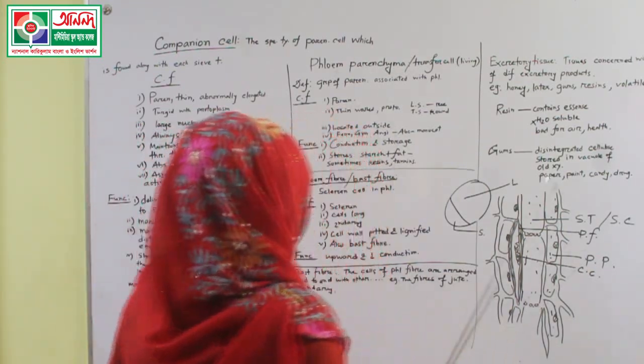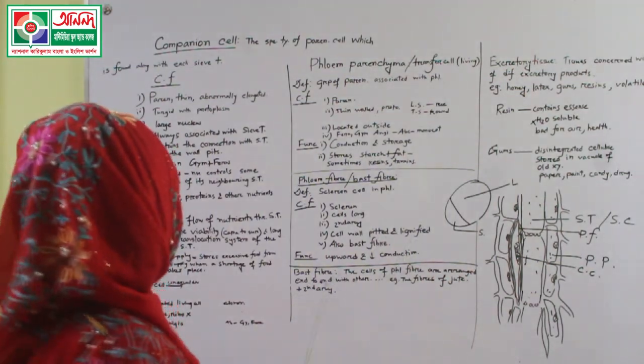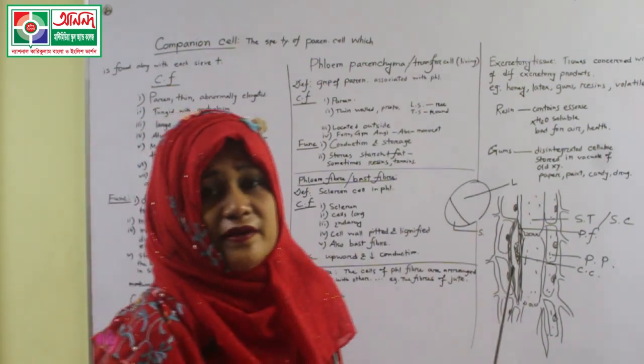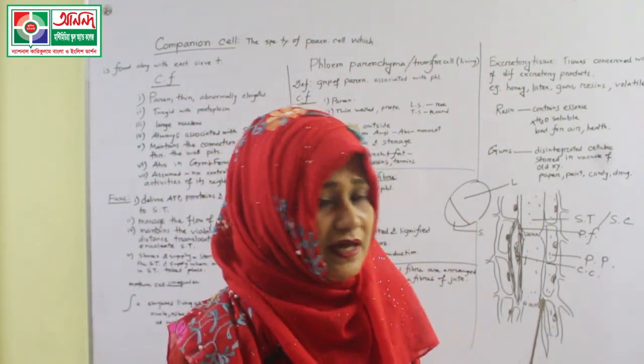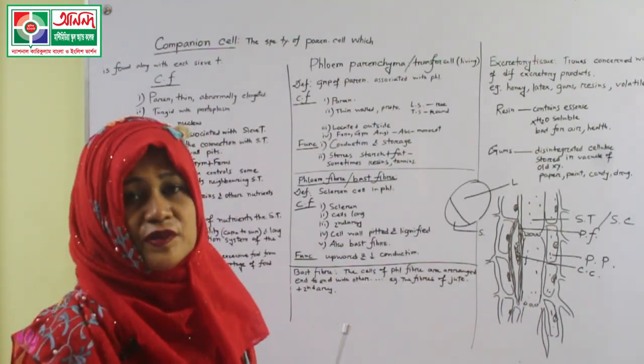Now we will read about another thing, that is bast fiber. What is bast fiber? The cells of phloem fiber are arranged end to end and make a structure which is known as bast fiber.